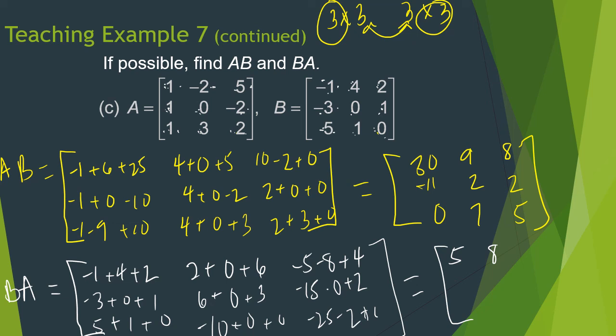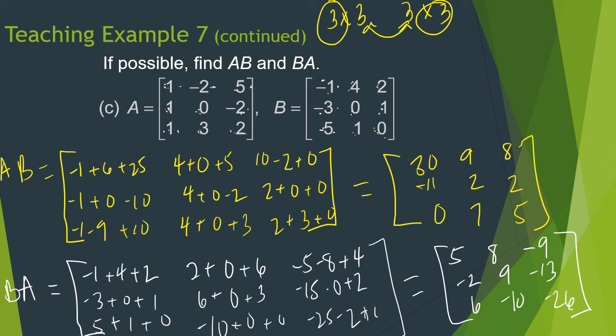Plus 4 is -9. -3 plus 0 plus 1 is going to give me -2. 6 plus 3 is 9. -15 plus 2 is -13. 5 plus 1 is 6. -10 plus 0 is -10. -25 minus 2 is -27. Plus 1 is -26. And those are your products.